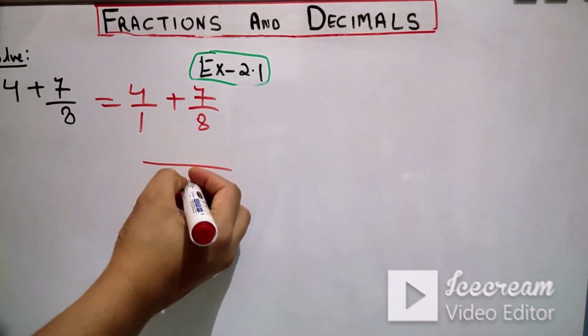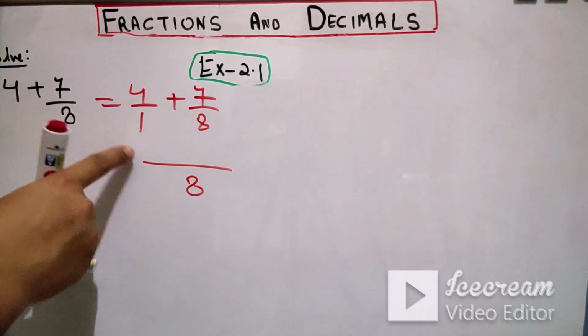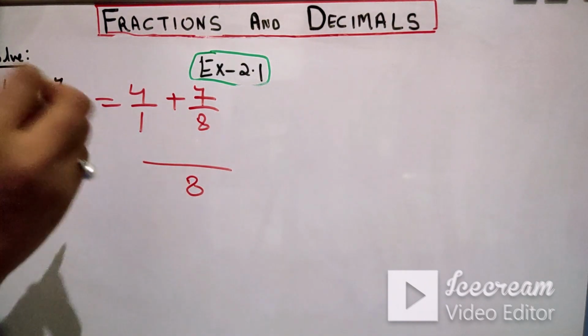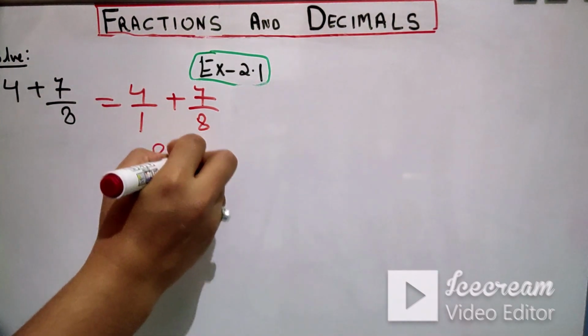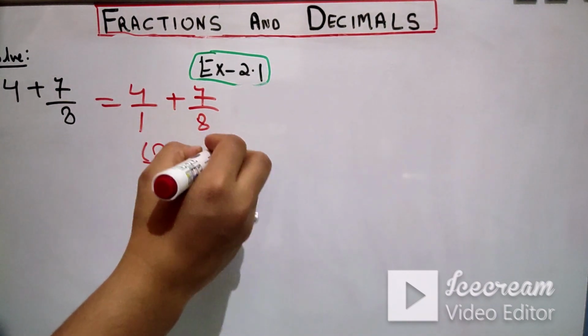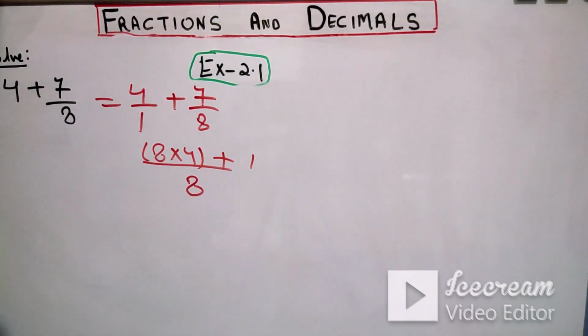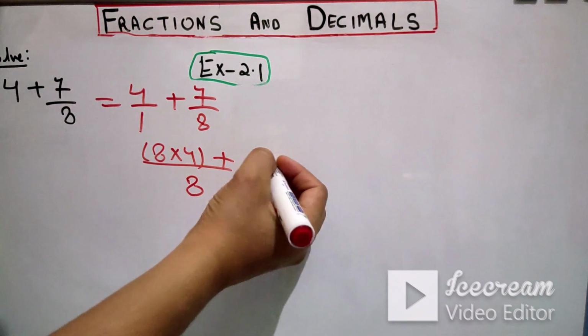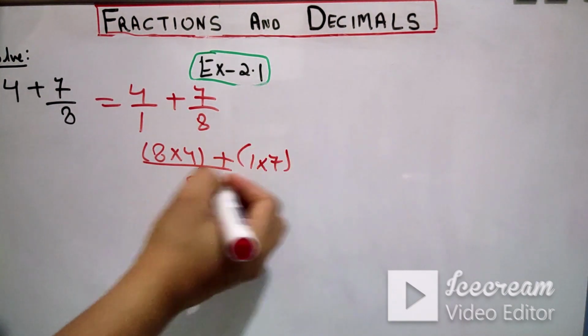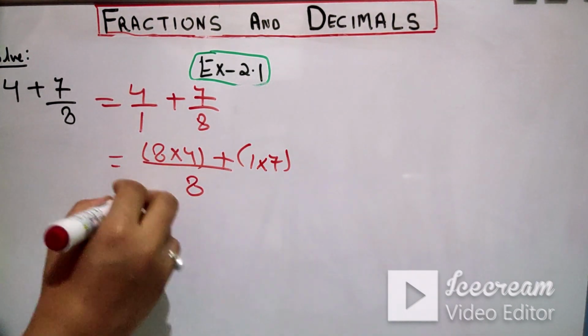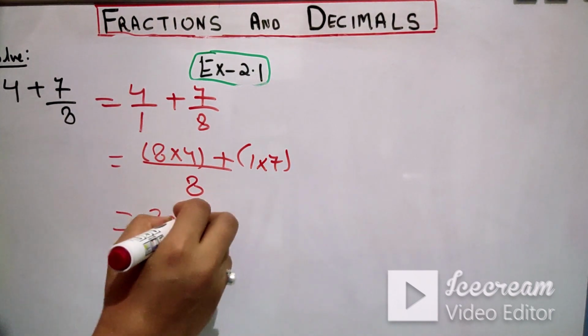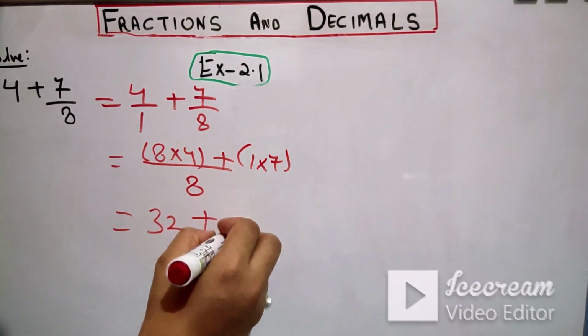So the LCM here is 8. We divide 8 by 1 and get 8 as the quotient. So we will multiply this 8 and 4. Then 8 divided by 8 is 1, so we get 1. This 1 will be multiplied by 7. So 8 multiplied by 4 is 32, plus 1 into 7, that is 7.